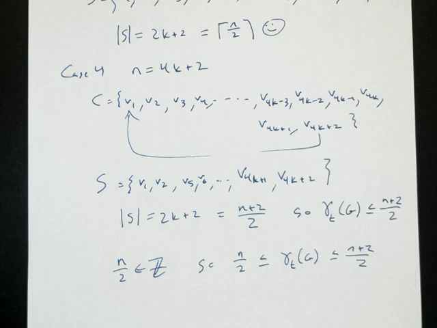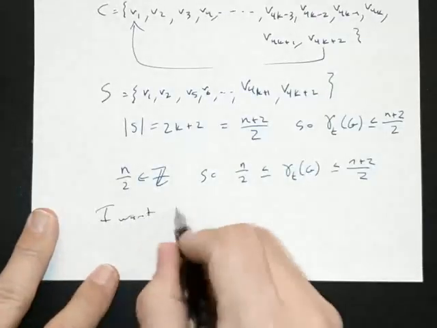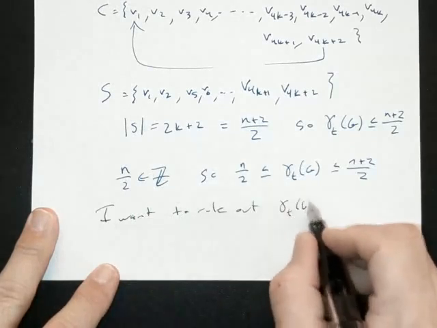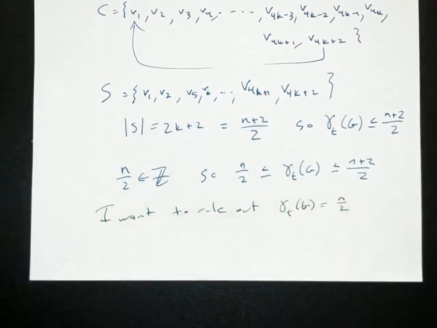I claim that doesn't work. Right? This is what we do. We rule out the smaller case to show it has to be the bigger number. So now my goal is to figure out how to make this one break.